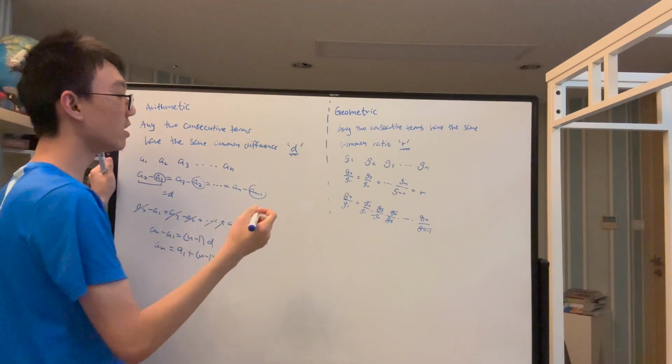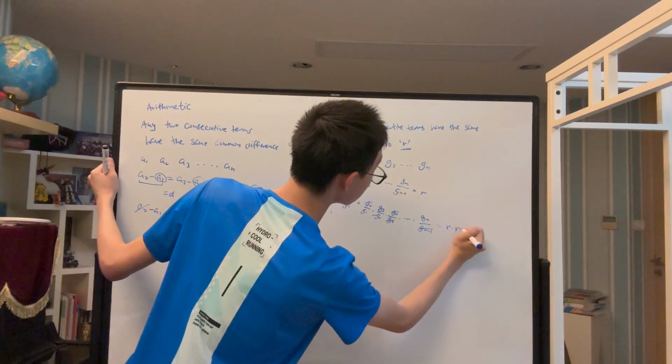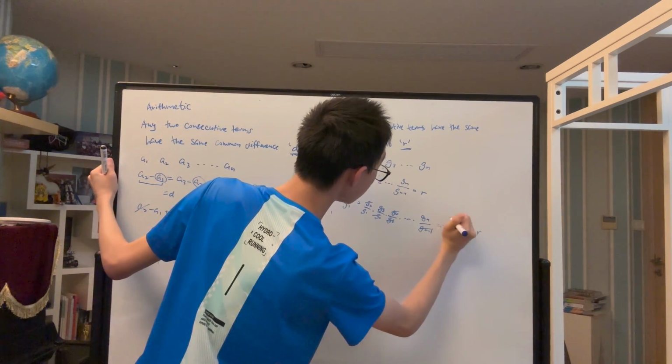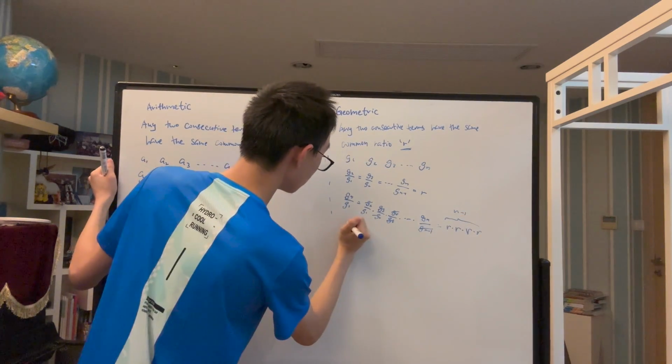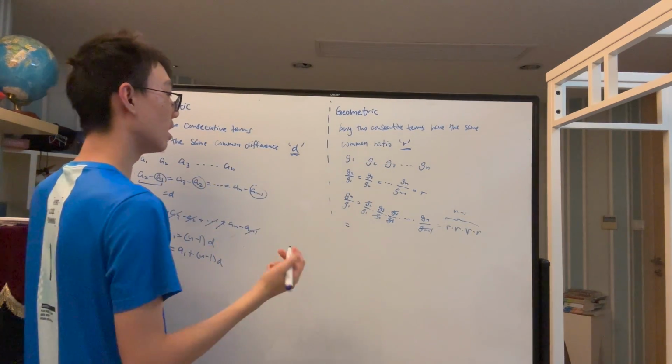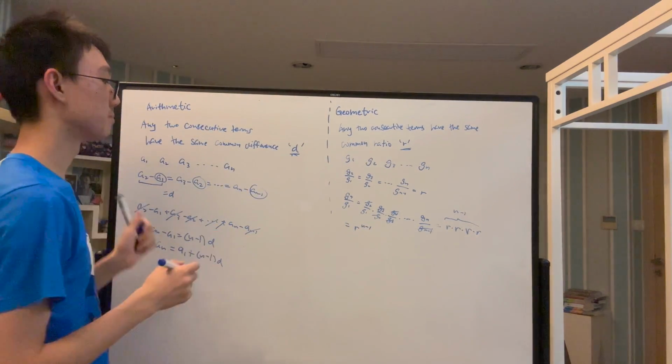But this is equivalent to saying R times R times R times R, but how many times? N minus 1 times. So Gn over G1 is also R to the n minus 1 power.